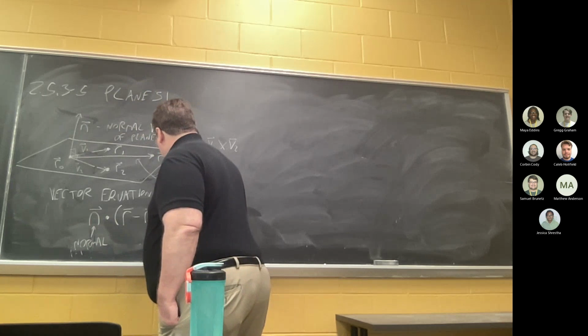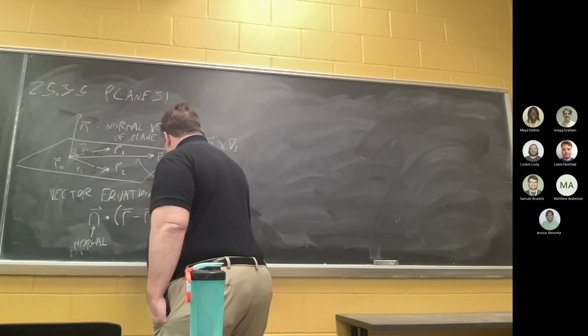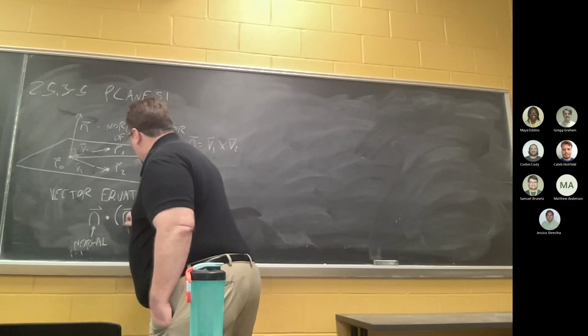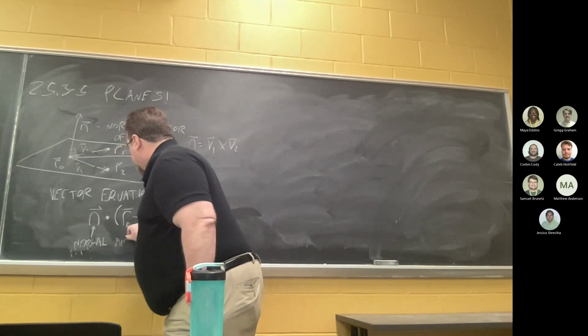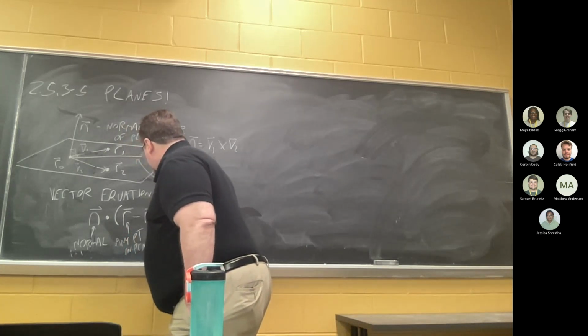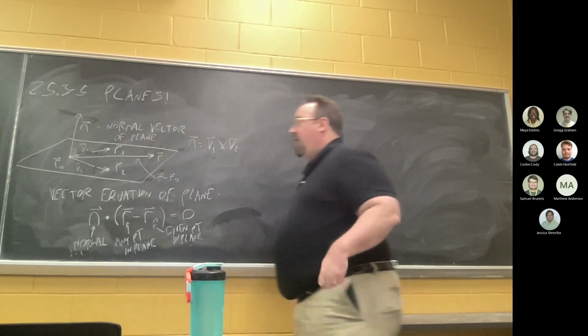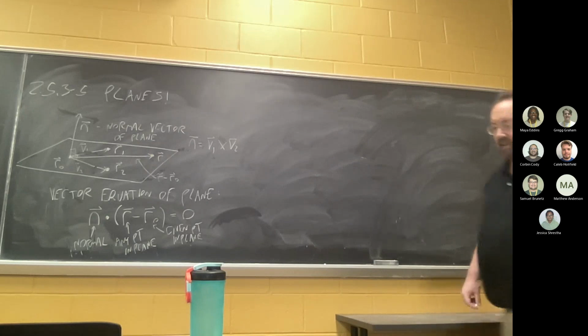R0 is some given point in the plane, so it is a position vector. And then R with no subscript is any point in the plane, a generic point. So the plane consists of all vectors R that satisfy this equation.